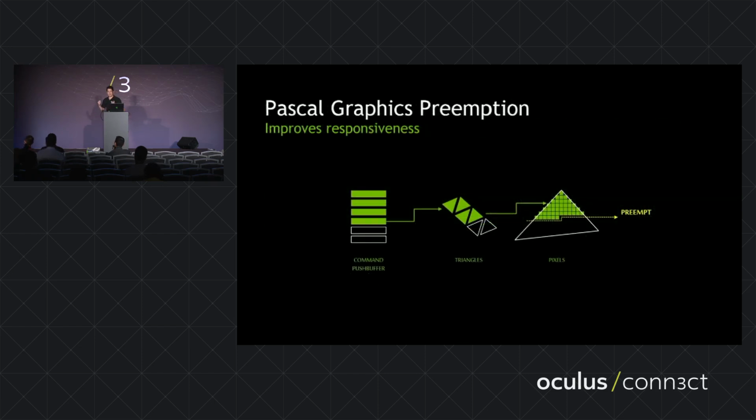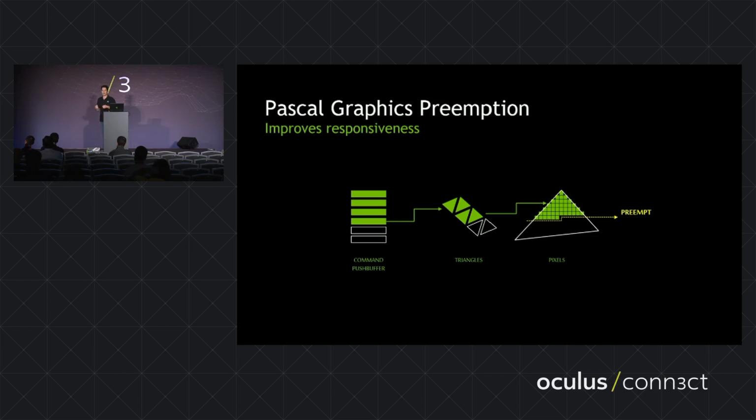And so in our latest graphics architecture, which we call Pascal, so the 1080 that I have here is Pascal-based, all the 10 series GPUs, what it has is an improved version of what we call preemption, right? So in previous GPUs from NVIDIA, the preemption granularity, the granularity at which you can interrupt the GPU and say, okay, stop what you're doing, here's some new work to do, and then you need to go right back to what you were doing, was at this command push buffer granularity.